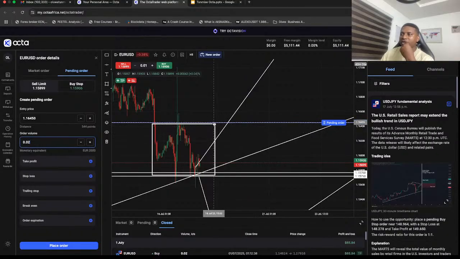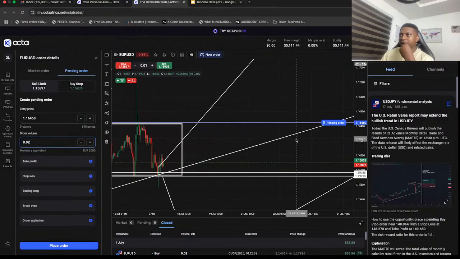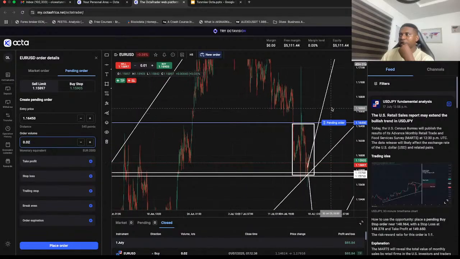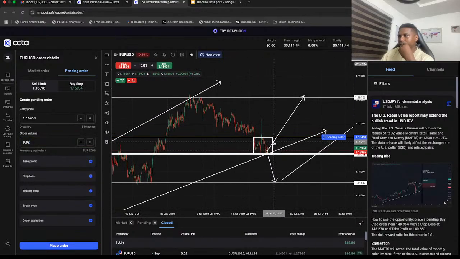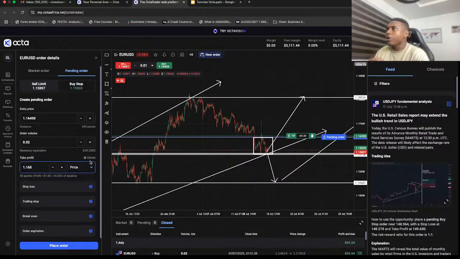Now this is my pending order. If this order is triggered, where do I want to set my take profit? I set my take profit here, at 8106.